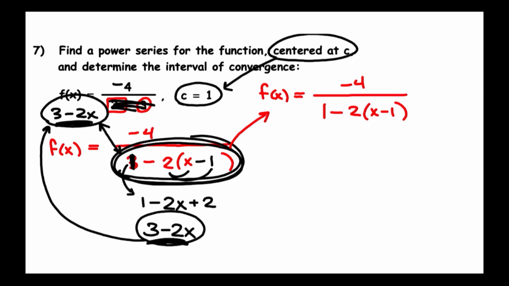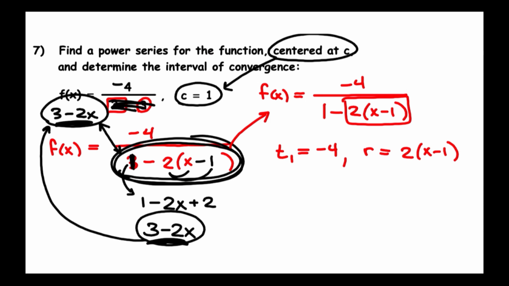All right, that is in geometric format. Term 1 is your negative 4 up top, and your r, or common ratio, is going to be this thing. You can also call it 2x minus 2 if you prefer. I'm going to leave it like that.